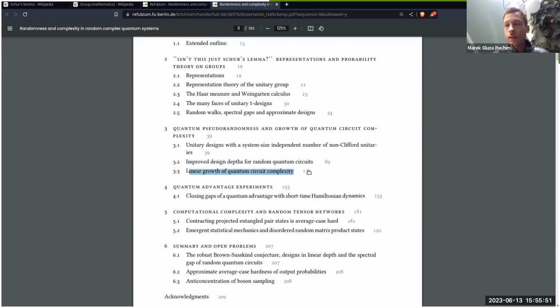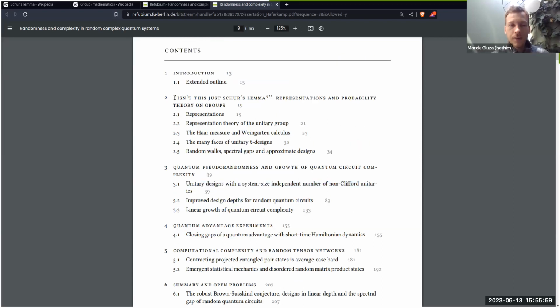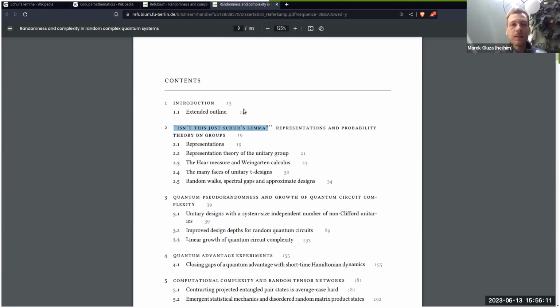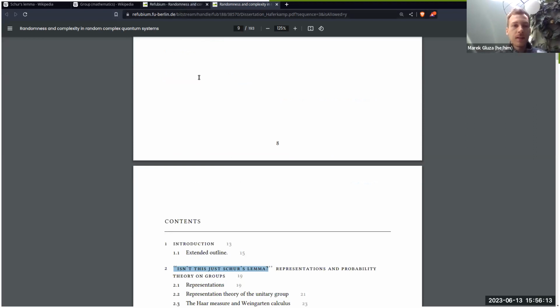Unitary designs, this is a big subject in mathematical physics in quantum information theory. And all this stuff is based on, isn't this just Schur's lemma? Okay, and we are talking about this. So we will discuss this more for physics and so on, but this is just to say that if you look up this thesis, I will link it later.